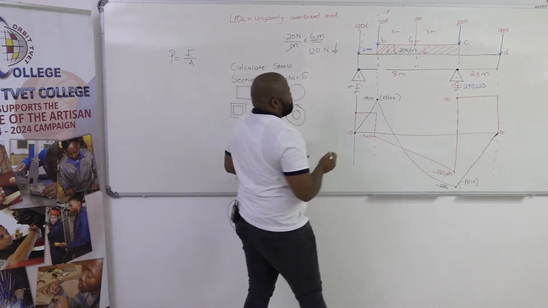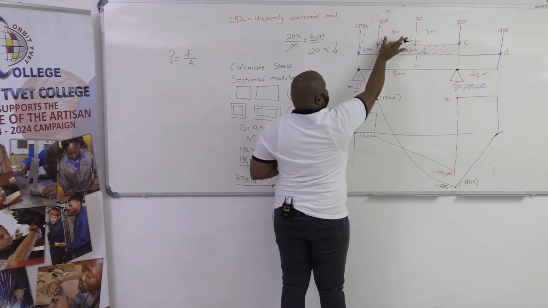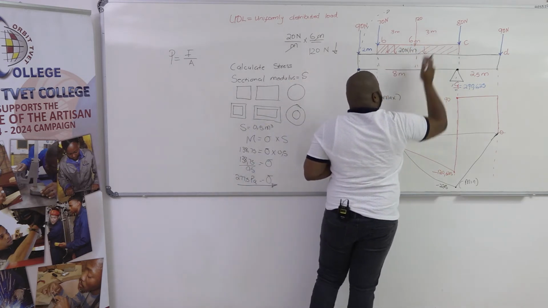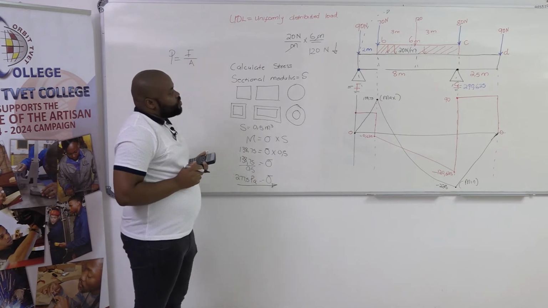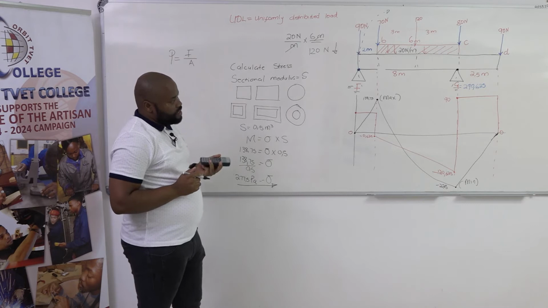That is why we have 120 on the center of 6, meaning that we've got 3 meters on one half of the beam, 3 meters on the other half of the beam. That is the first step that you do to convert your UDL into a point load.